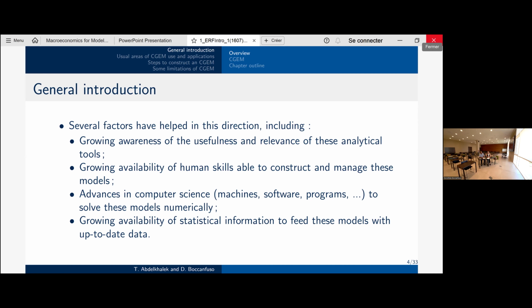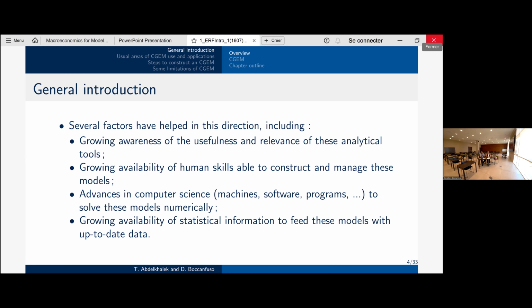And there is now advanced computer science. We have now in a small computer, we can construct a big CGE model. We have software, mainly GAMS, and we have in this training an introduction to this software. And we have programs, we can exchange programs with colleagues to solve this model numerically.